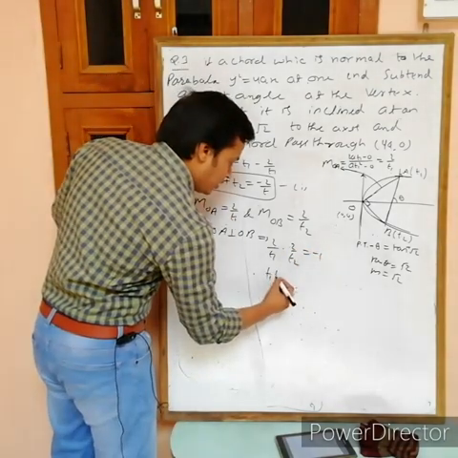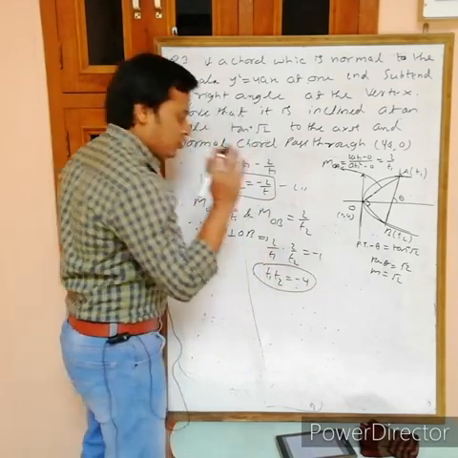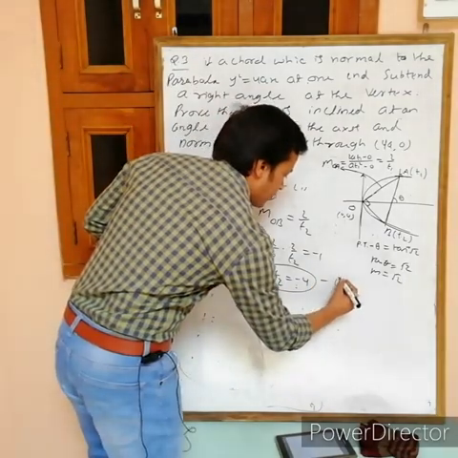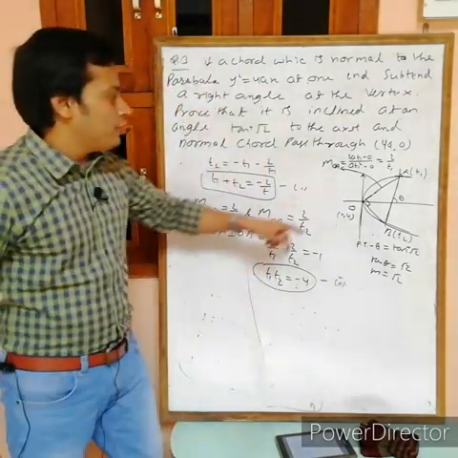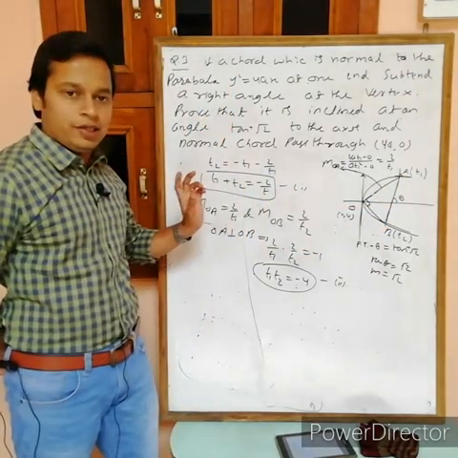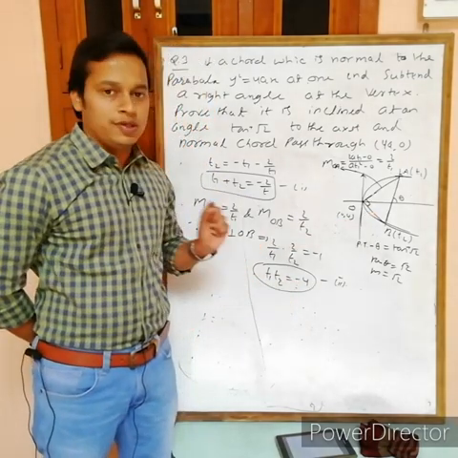From this we get t1 t2 equals minus 4. This is the second relation. Because the normal at A meets the curve at B, we get the first relation, and because these two are perpendicular, we get this one.